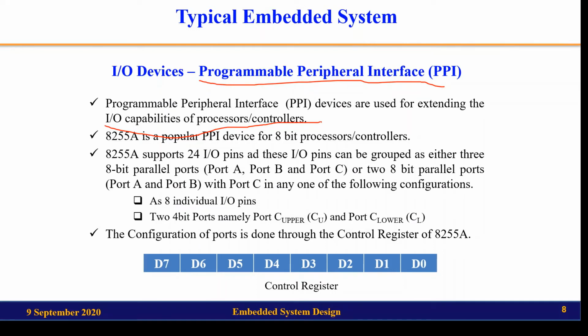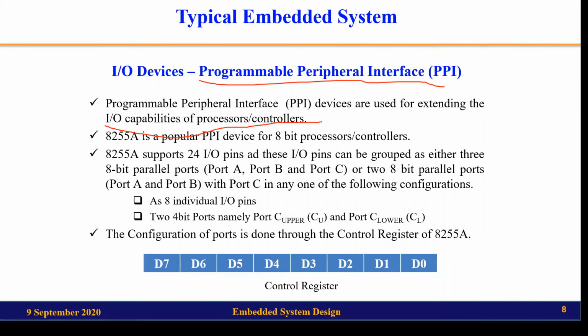Or we have two 8-bit parallel ports, port A and port B, and port C can be used in one of the following ways. The first configuration is that all three ports, port A, port B, port C, can be used as individual I/O ports, so in total we have 24 I/O pins.